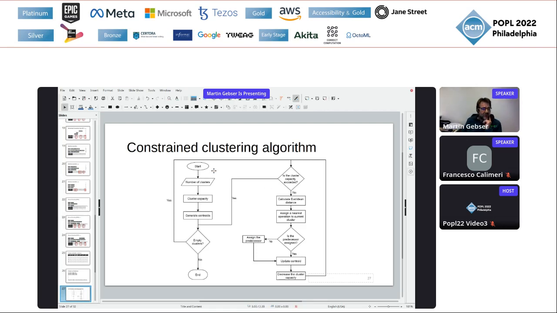So what we do here to keep the order is to say, first of all, the user provides a number of clusters, and we evenly want to split the problem, so the total number of operations divided by the number of clusters gives the capacity, how many operations we would like to have per cluster.